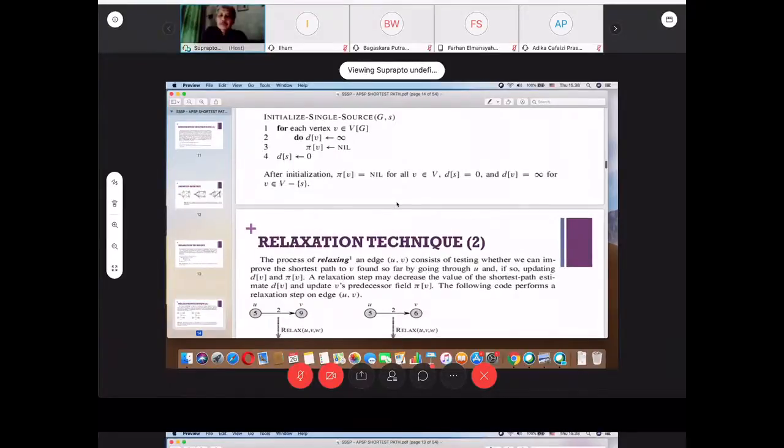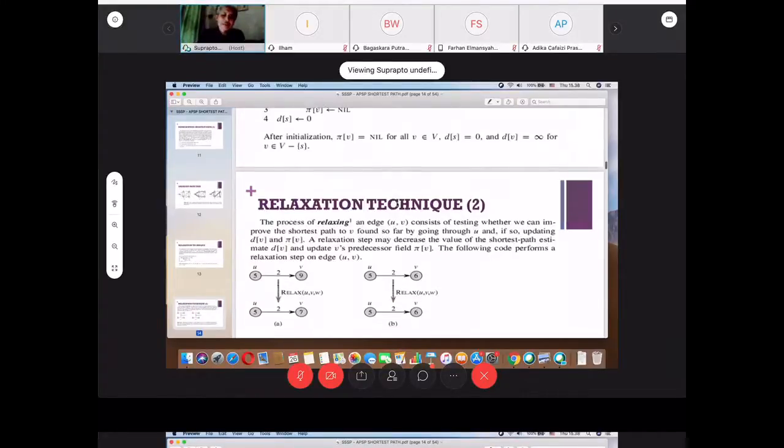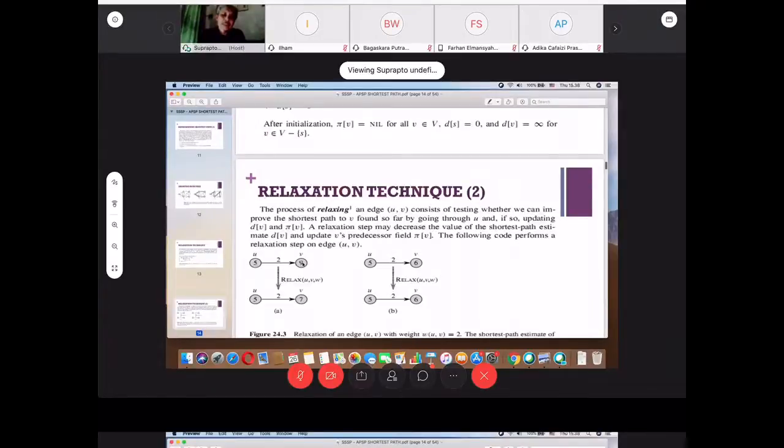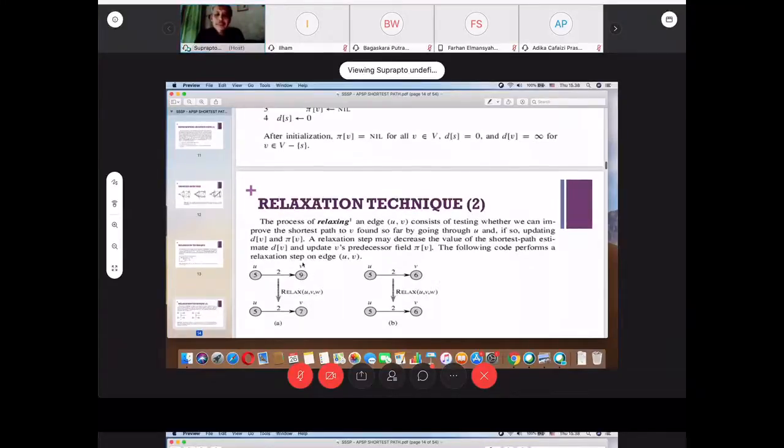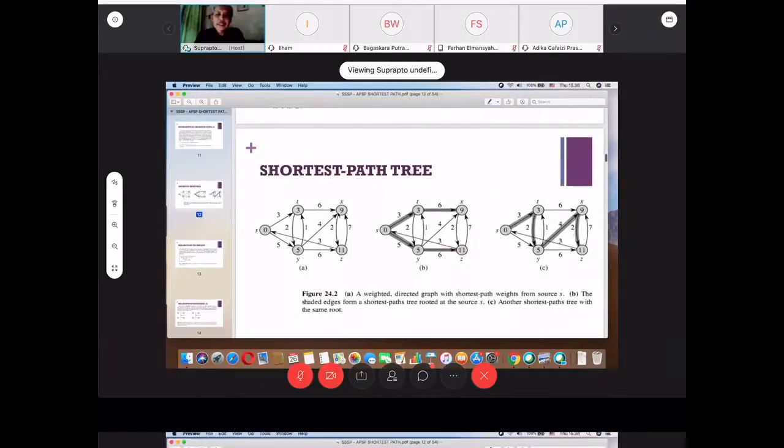What does the value inside a circle of a vertex mean? For example, this one, any idea? Okay, let's go back to this illustration. How about this? Right, the value in the circle of x is 9.